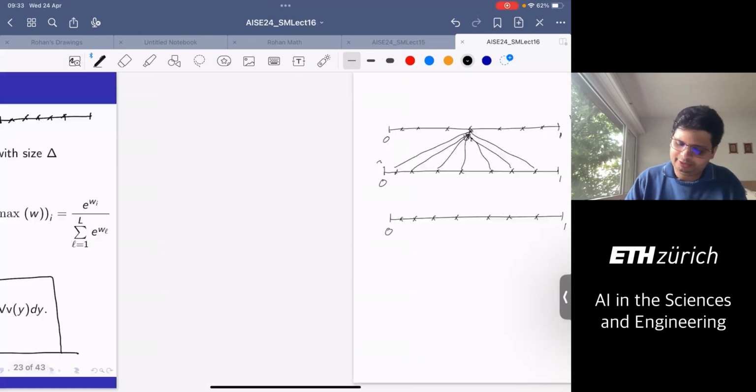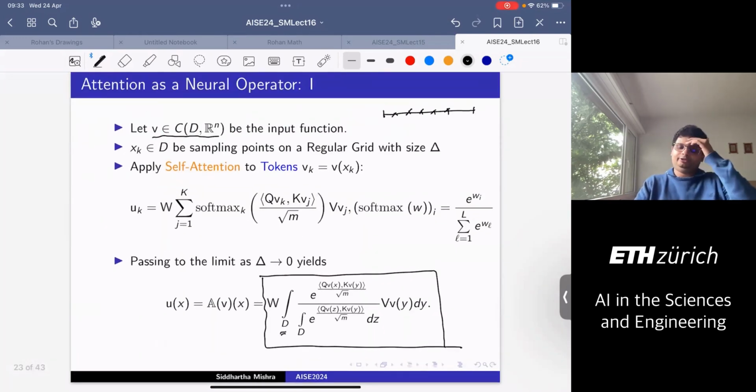Okay. And then in addition, I have this inner integral. This is where the softmax comes in. The softmax has just been rewritten in this form. At each point Y, so I'm integrating over Y, I compute the value. I compute the key, okay? I also compute the key here. But I compute the query at every other point Z. So this is the second integral.